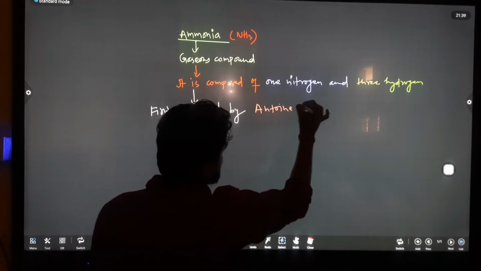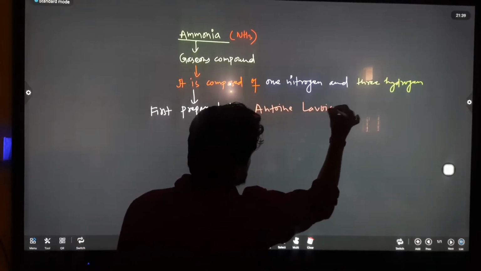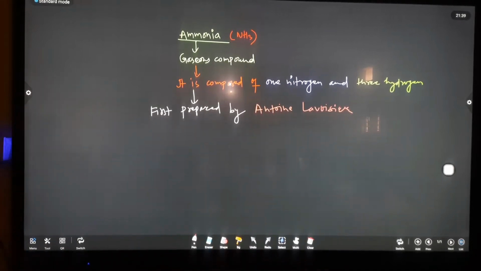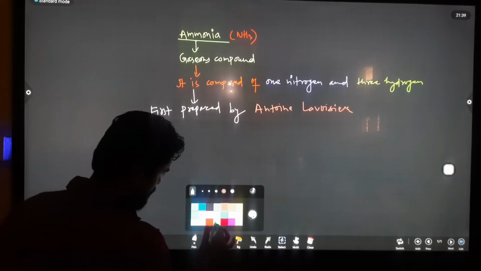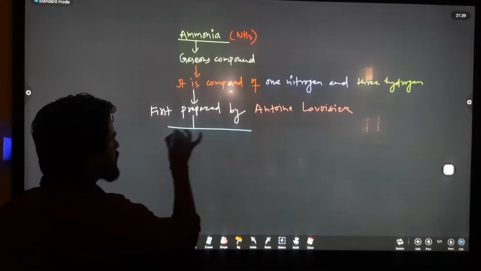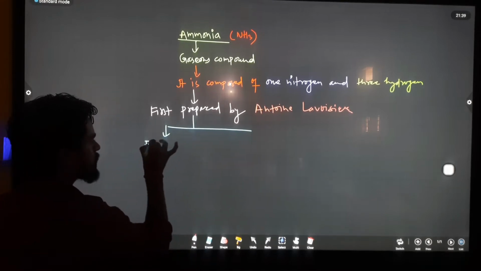This gas, ammonia, is a gaseous compound made up of one nitrogen and how many hydrogen? Three hydrogen. Now, after that, it is found in free state also.